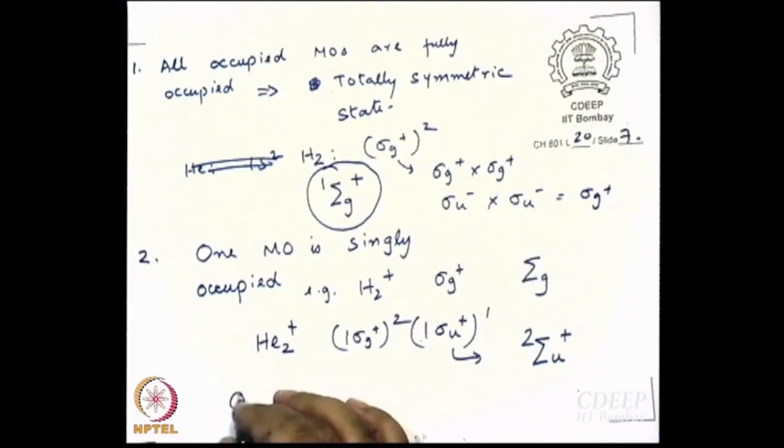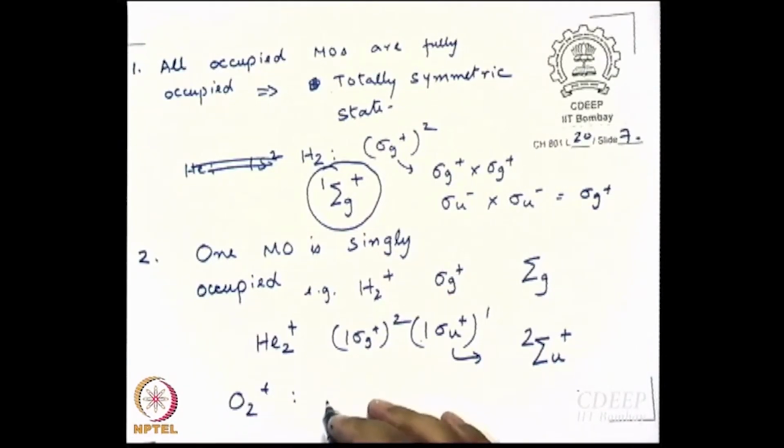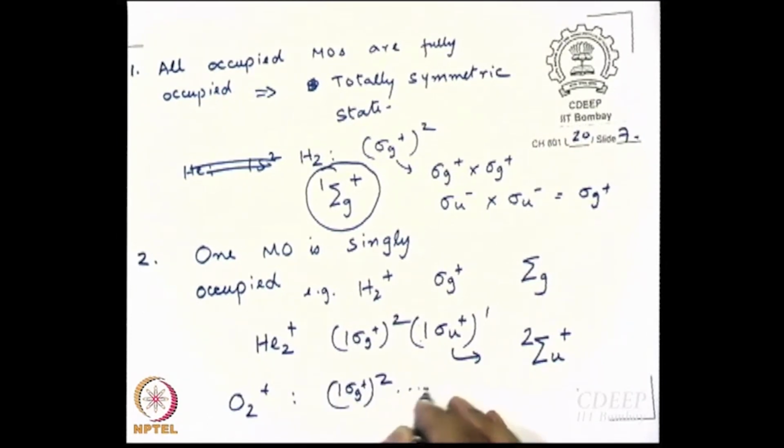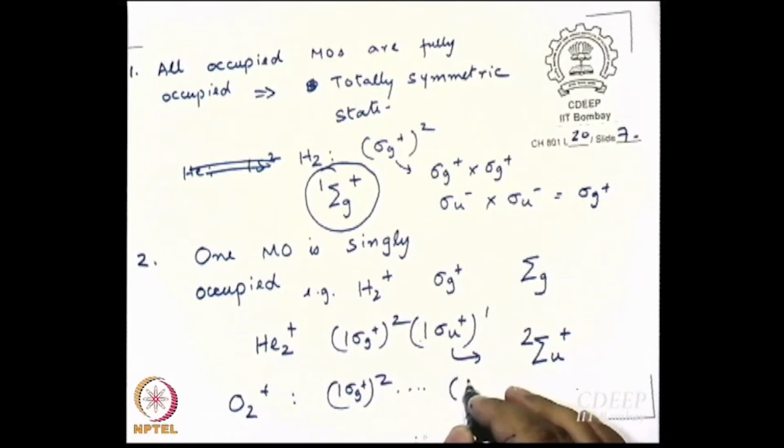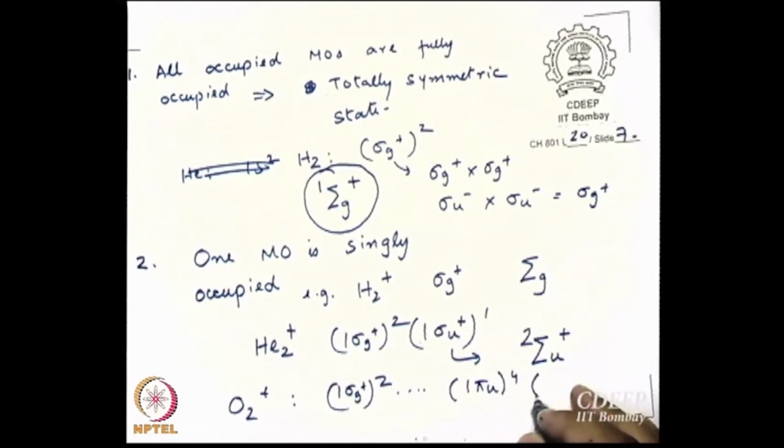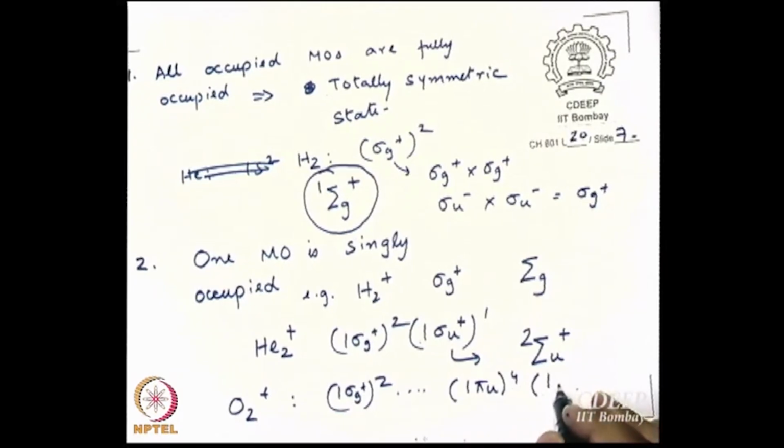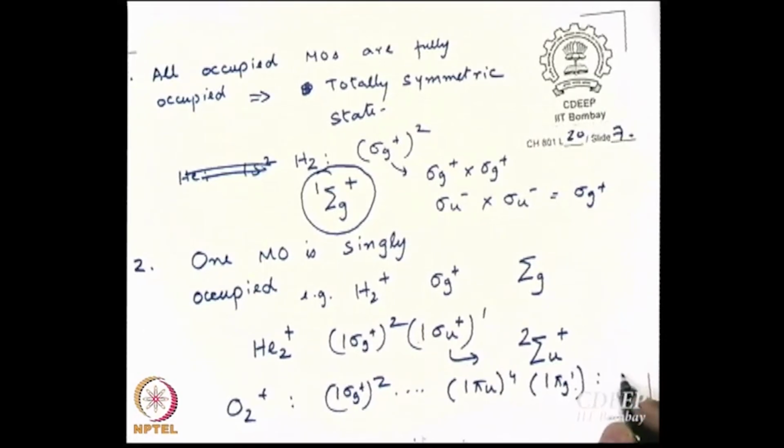Let me show you another example, O2 plus. 1 sigma g plus 2, then whatever it is, then you have 1 pi u 4, 1 pi g 1. What will it be?